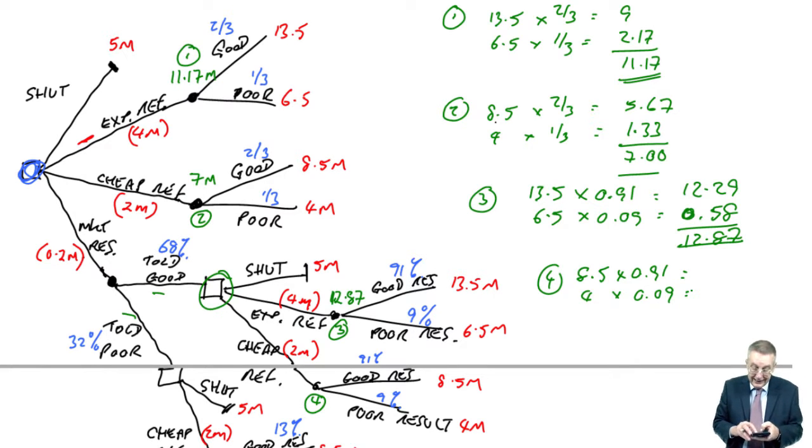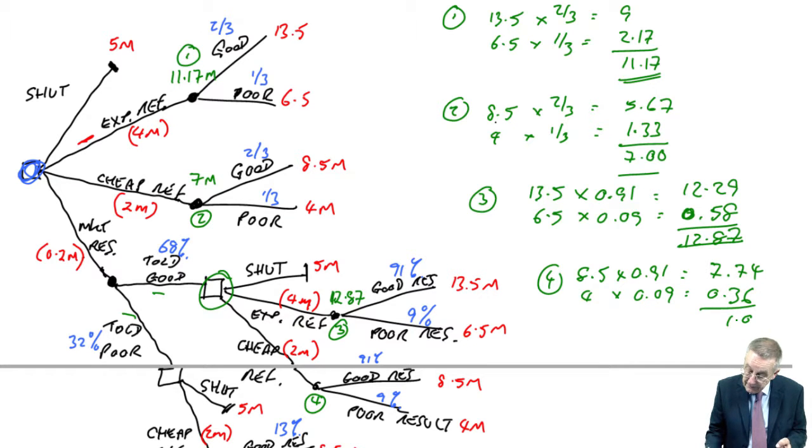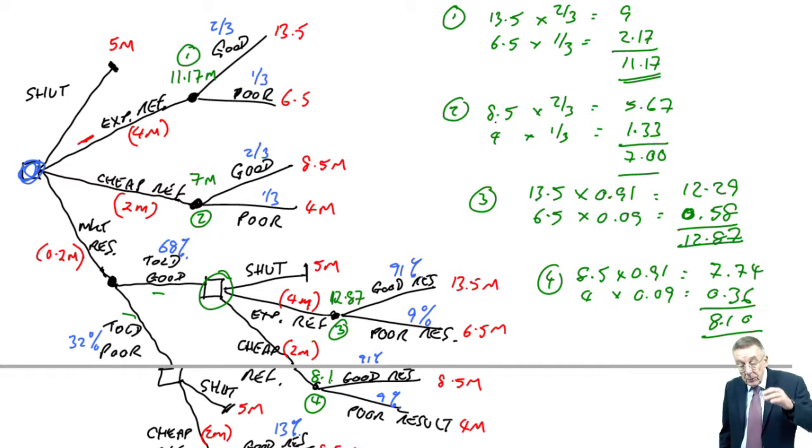Gives us 7.74 or around 0.36, sorry. 8.1. Now, why am I doing this? Because I need to know what choice we make if we do market research and if we're told it's good. Well, now I can decide.